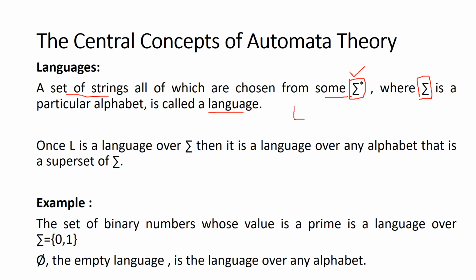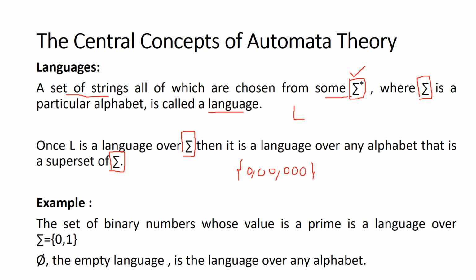Once L is a language over sigma, then it is going to be a language over any alphabet that is a superset of sigma. For example, there is a language 0, 00, 000.